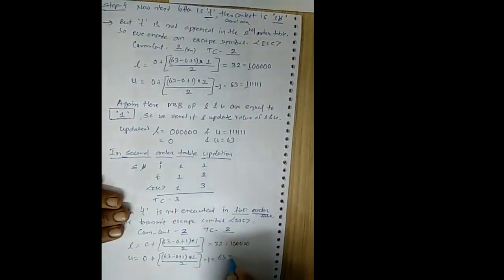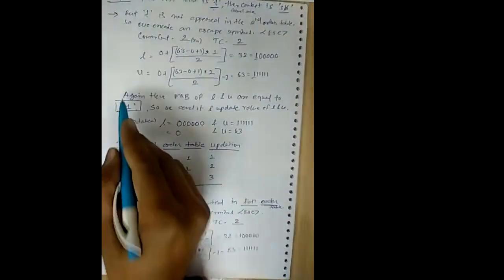So that will equal to 63, and that will become 5 times 1. Sorry, 6 times 1.